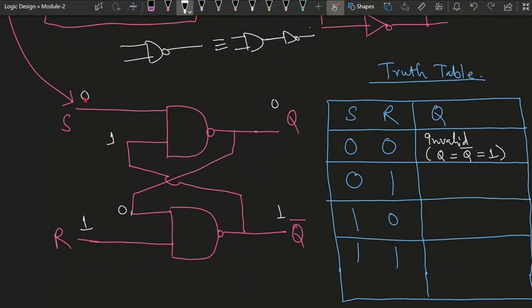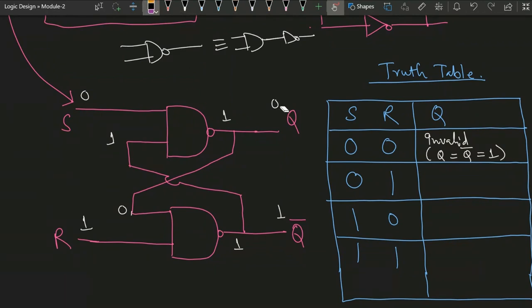So 1 and 0 and is 0, and then 0 and 1 and is 1. So 0 and 1, that is 0 and is 0, then complement is 1. So again here you can see it is 1 and 1.